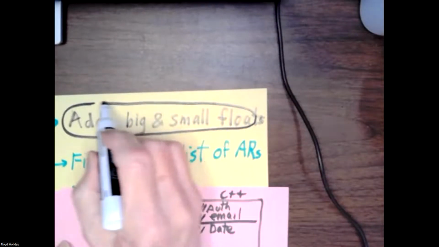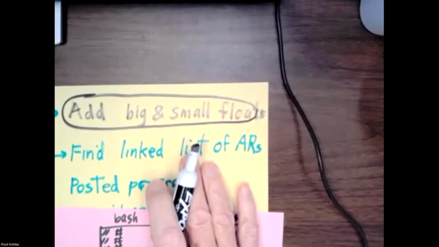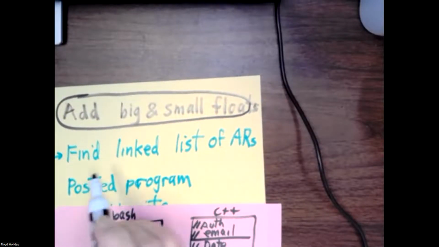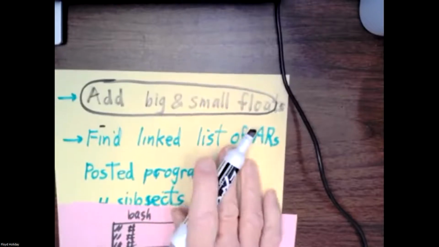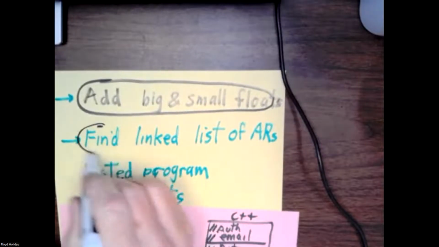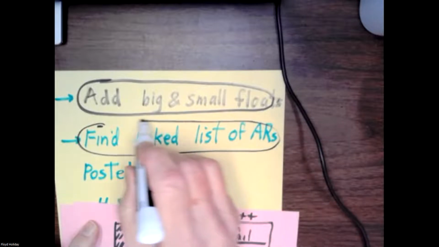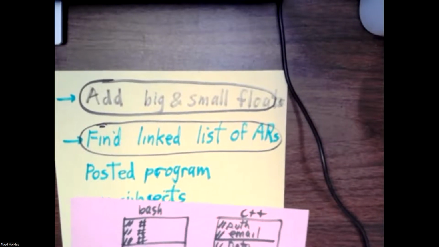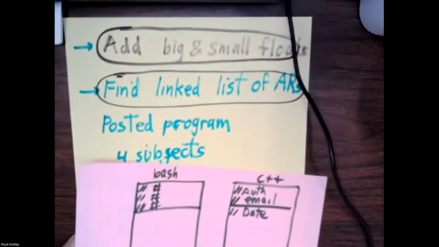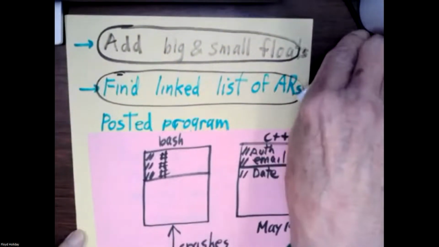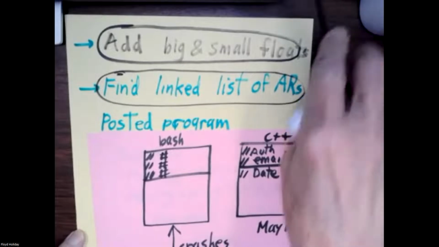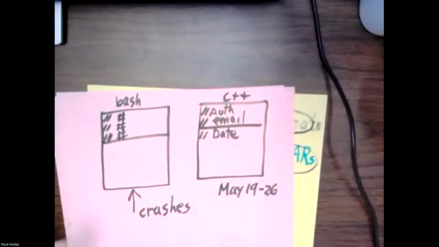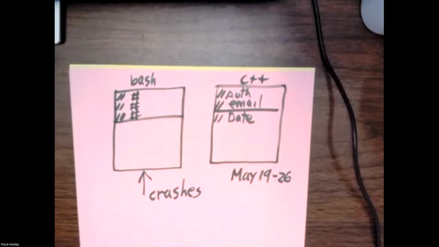What happens when you add a big float to a small float? Usually the small float gets chopped off. And how to find the linked list when you have a memory dump. It'll take some detective work. It's not immediately obvious, but with a little careful, what do they call it? Sleuthing. You can find it in there. Okay. All right. What's else on my list?